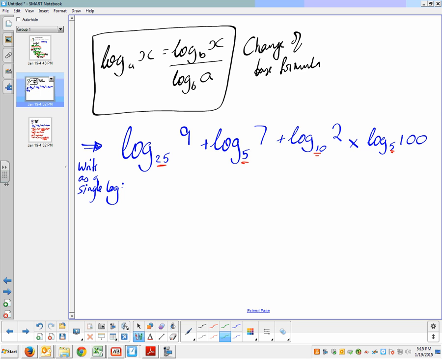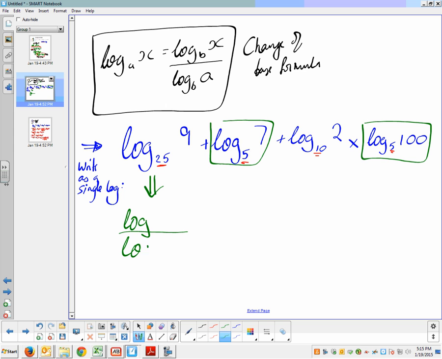So this bit and this bit are not going to change. Everything else I'm going to turn into base 5. So log base 25 of 9. Well, using the change of base formula, you always end up with one log over another log. And those logs are both the base that we're trying to change into. It's got log base 5 on top, log base 5 on the bottom.